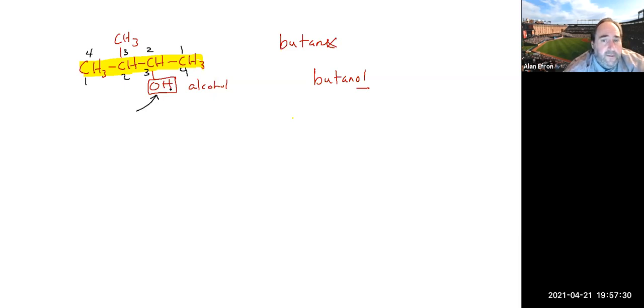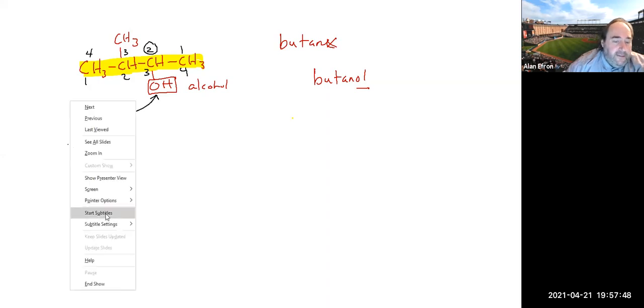So we would want to number it whichever way gives the OH group the smaller number. And in this particular case, the OH group would get a smaller number by numbering it right to left. So that is the way that we would want to number this guy.